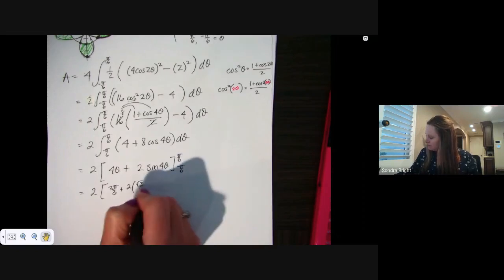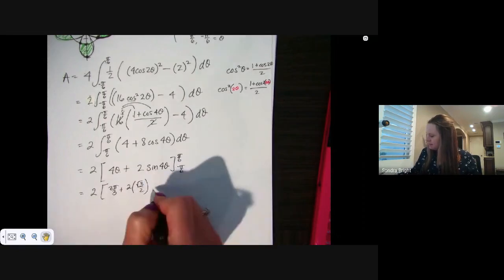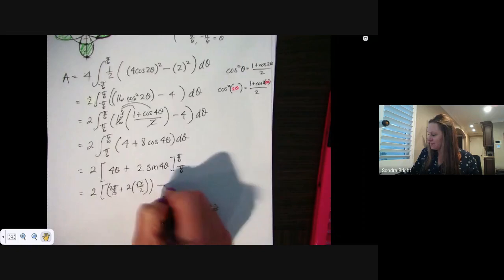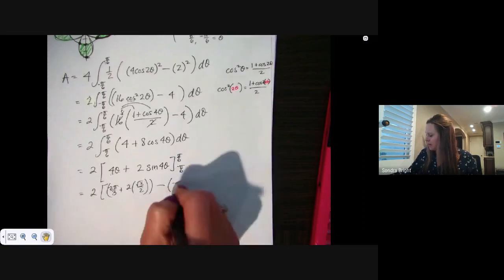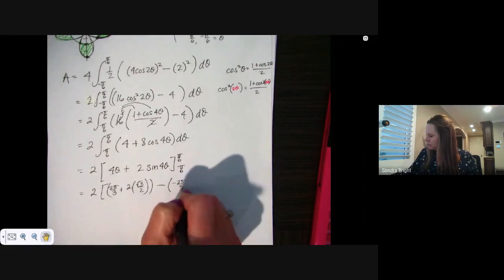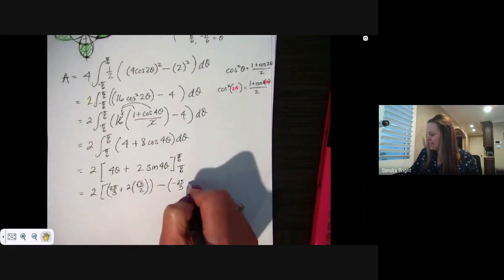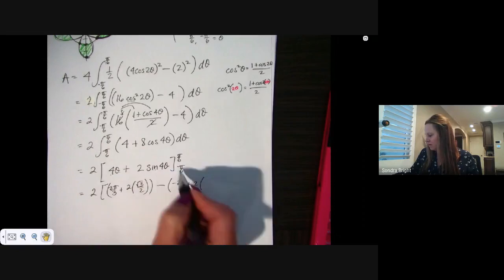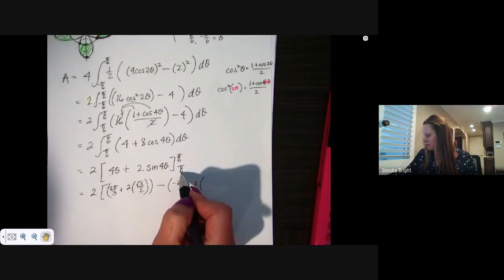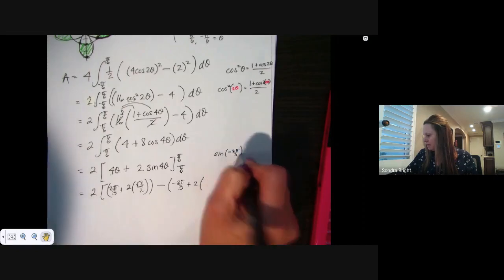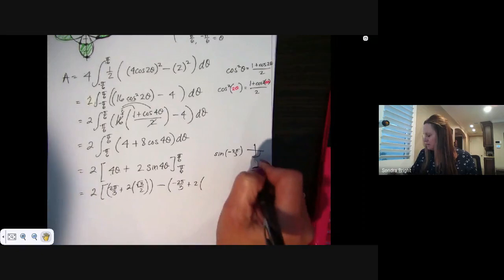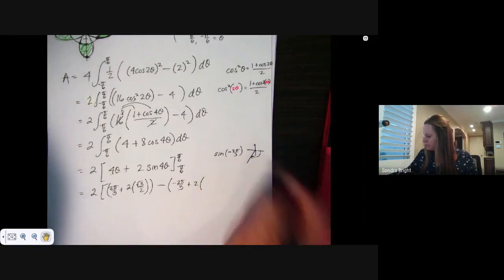And then minus 4 times negative pi over 6, that's negative 2 pi over 3, plus a 2 times sine of negative 4 pi over 6, sine of negative 2 pi over 3 there. So it's a negative radical 3 over 2.